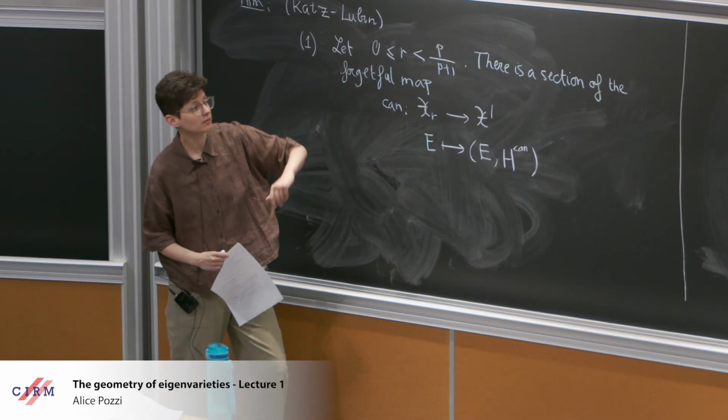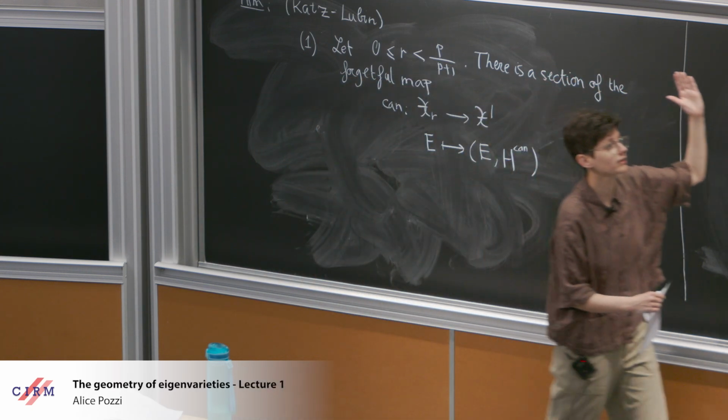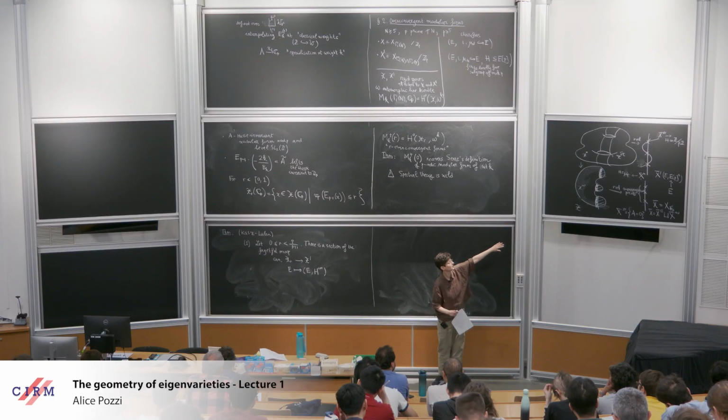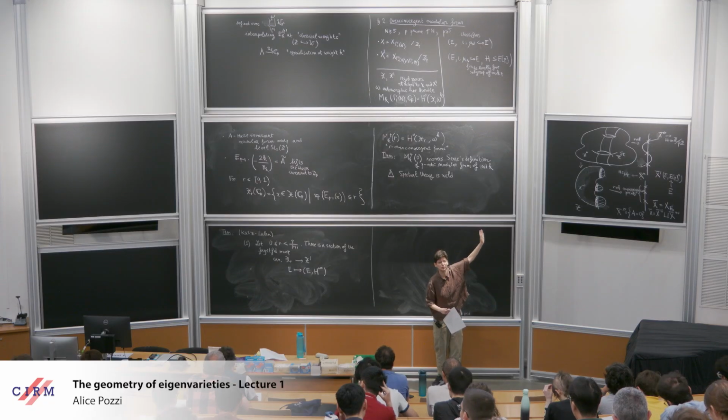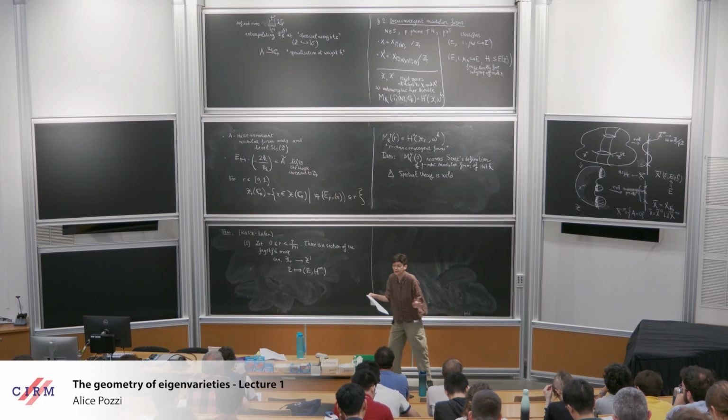So we can extend, which allows us to view this definition of overconvergent modular forms either as sections over X or as sections over X prime, because we're taking a section of the map. These two regions are isomorphic. We can do either.